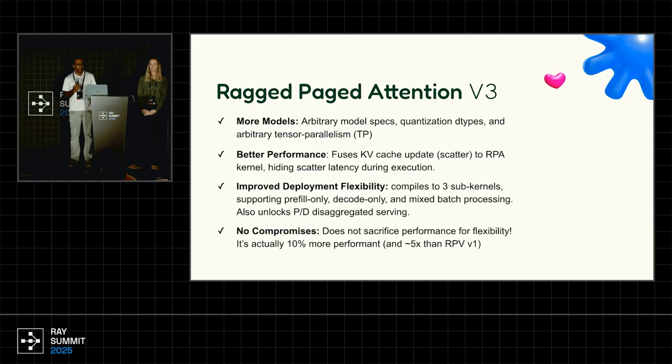It has much more deployment flexibility. We didn't have that flexibility in the V2 kernels. For example, the head dimension was fixed, so it's not naturally applicable. This one is much more programmable, and with that flexibility, we even got a 10% performance improvement. But we keep continuing improving the paged attention.